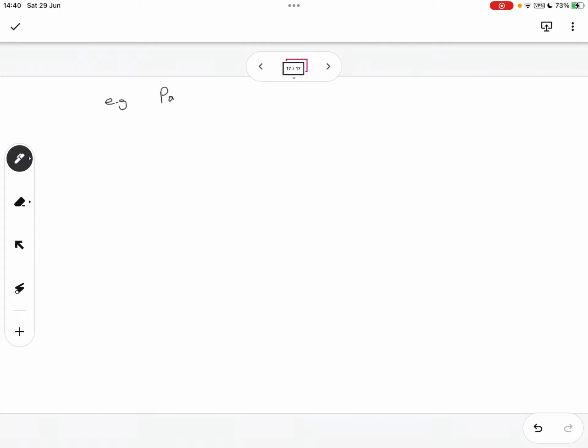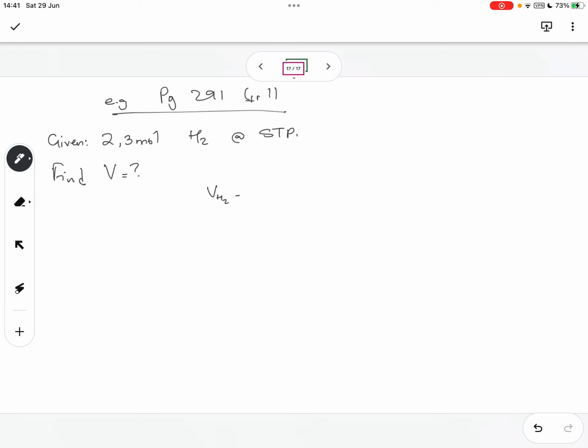So that means if we have, like in here on page 291 for grade 11, 2.3 moles of a gas, let's say it's hydrogen at standard temperature and pressure, and we must find the volume.